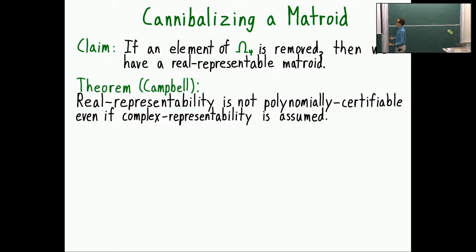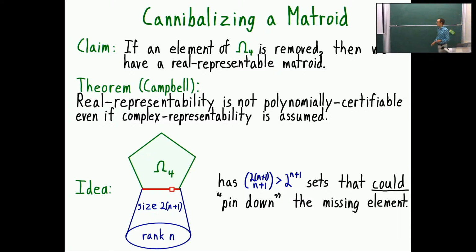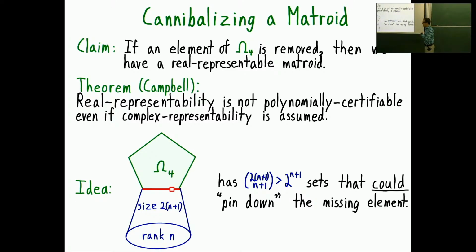You can also use this idea to show that you can polynomially certify real representability. And the idea here is, in a higher dimension or higher rank in the matroid sense, we freely place, or generically place, a collection of points.